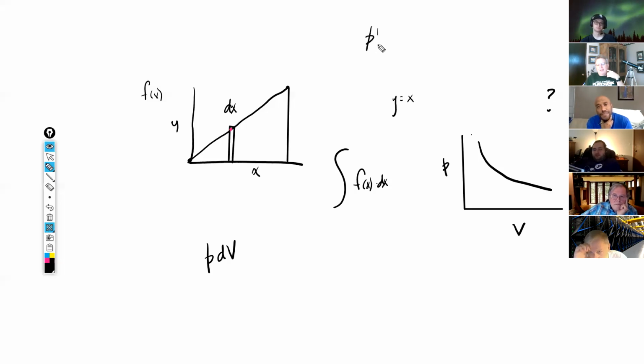If PV equals mRT, do you understand that pressure goes up as volume goes down? But what if the temperature went really far down? Couldn't I make all of them less?